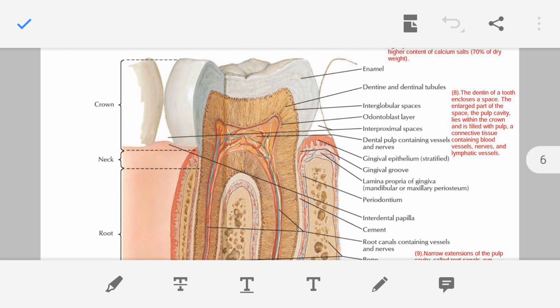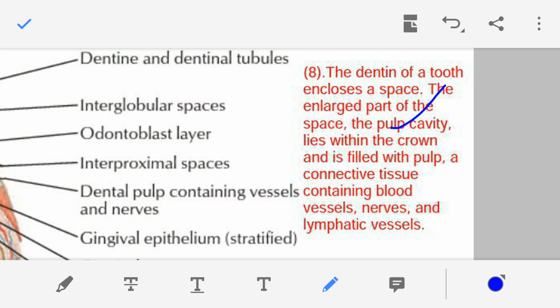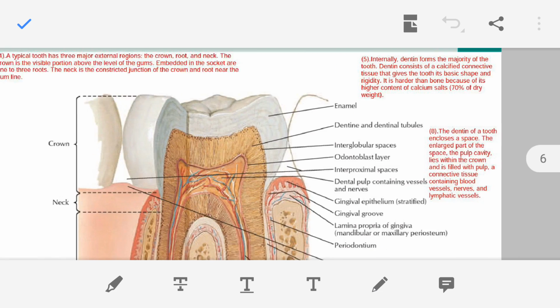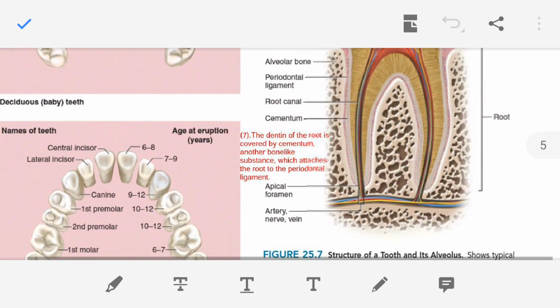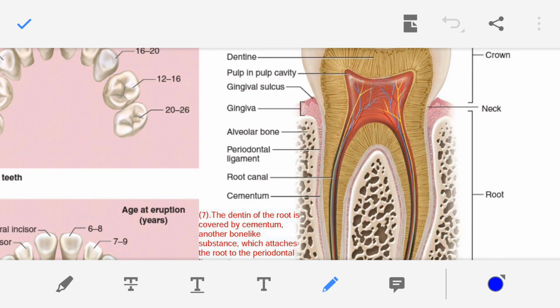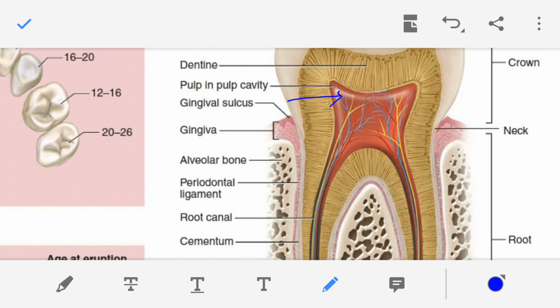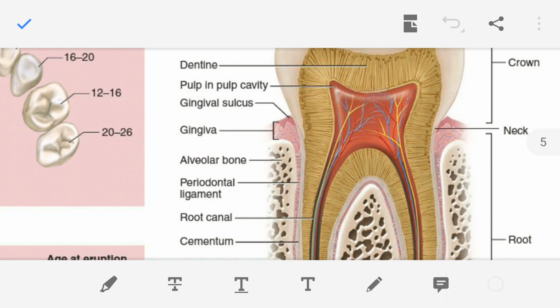Now what is there in the pulp cavity? In the pulp cavity, the pulp is present. For example, in this figure, it is clearly visible that this one is the pulp cavity, and as you can see with the red color, the pulp is shown.